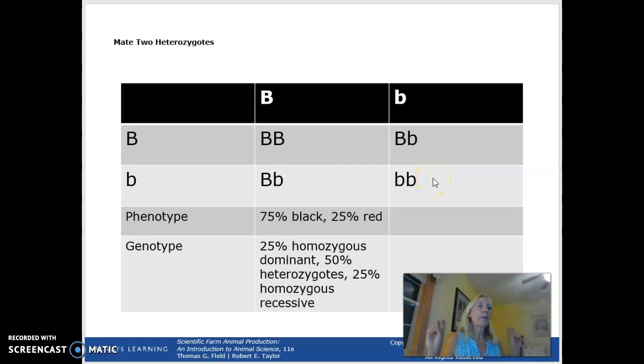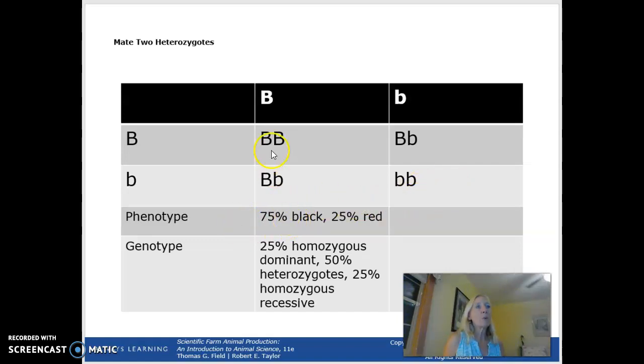That is where you get those throwbacks. That's where you get a blonde-haired, blue-eyed kid from two parents that have brown eyes. That is a possibility. I'm an example of that, by the way. So that is how we get that throwback.